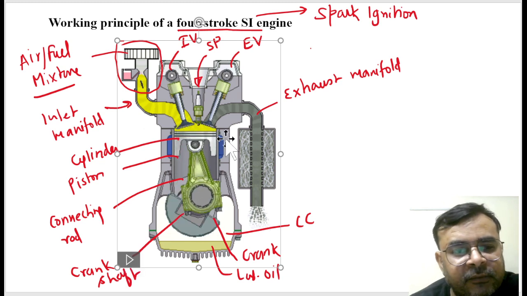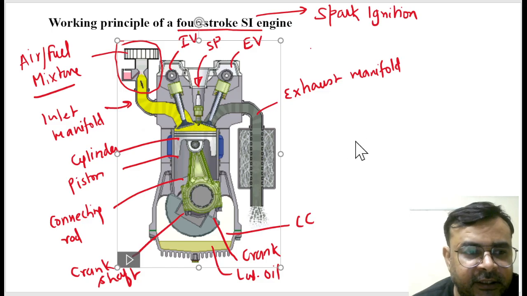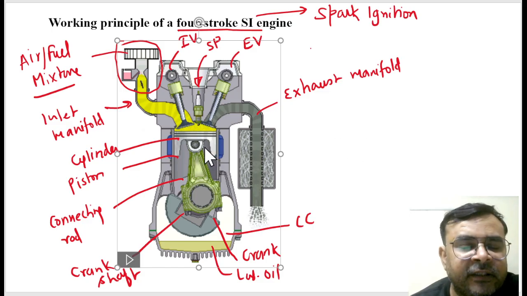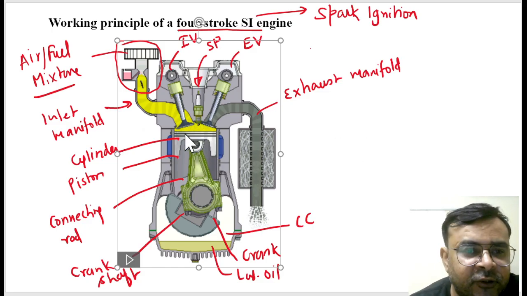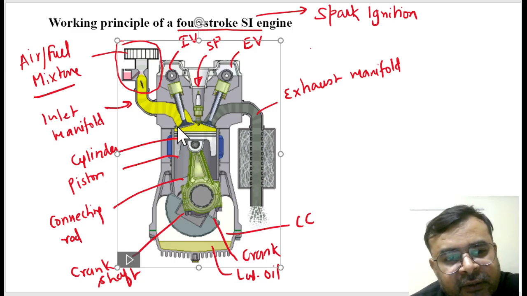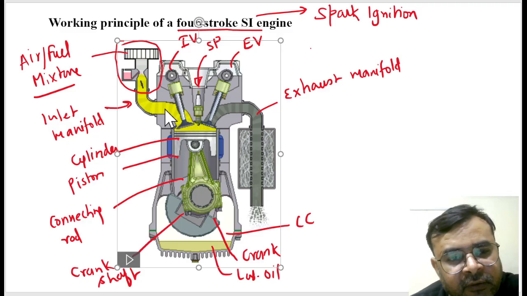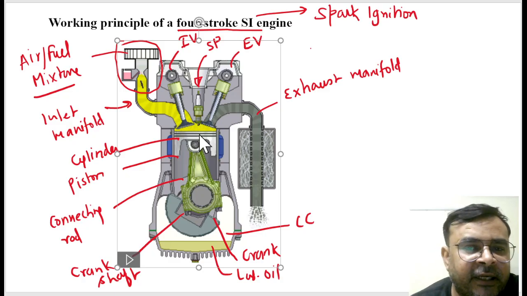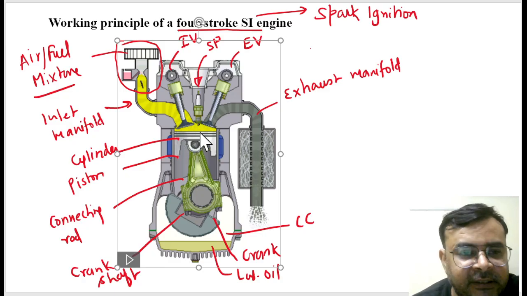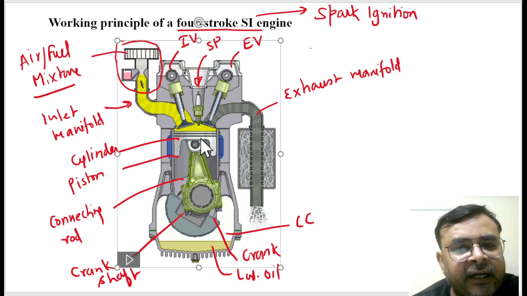When your piston is at this position, which is called top dead center, you can see this valve gets open, and whatever charge, the air fuel mixture, we have enters into the cylinder. Why? Because when your piston is moving down, some vacuum pressure arises, and because of the lower pressure, the air fuel mixture can enter into the cylinder.